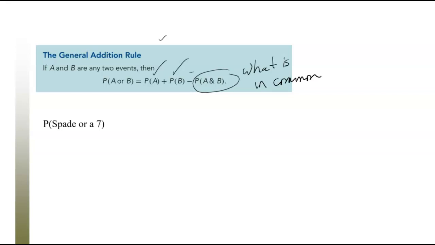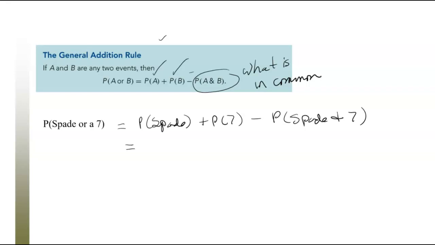And what's nice about this is, if they're mutually exclusive, you're not taking anything away because there is nothing in common. So again, I could do probability of spade plus probability of 7 minus probability of spade and 7.